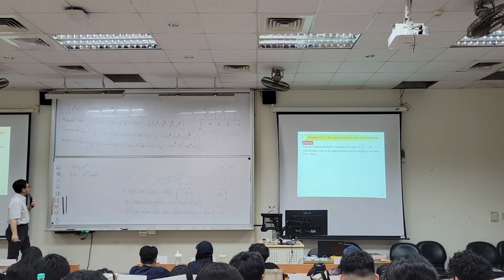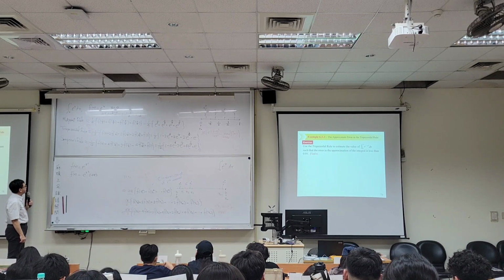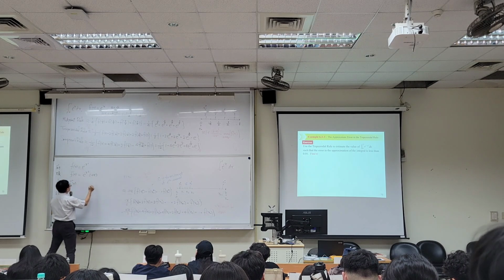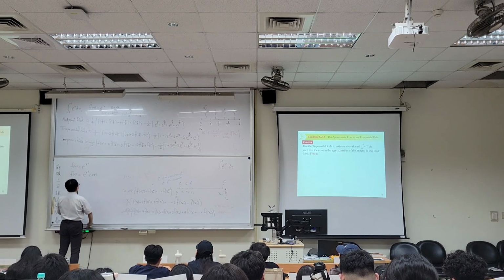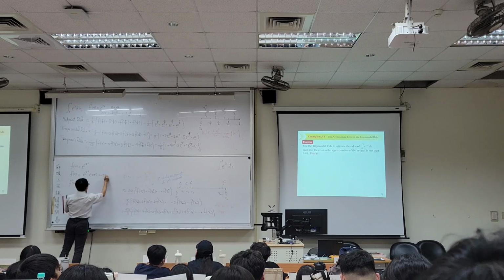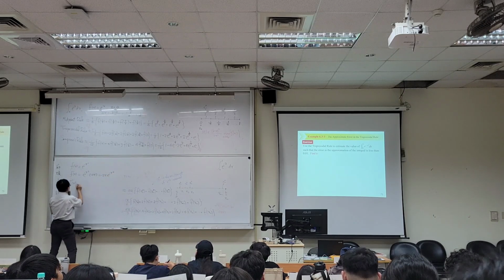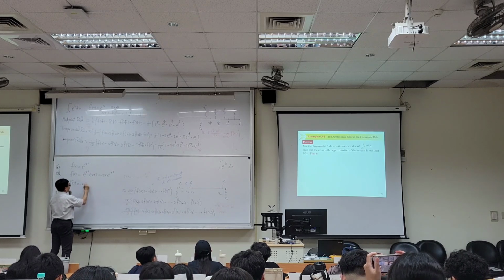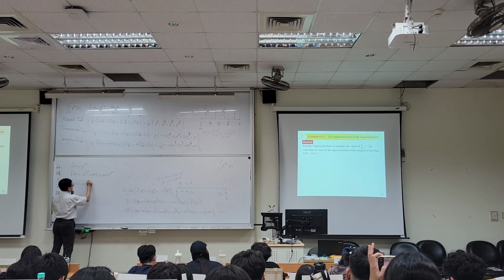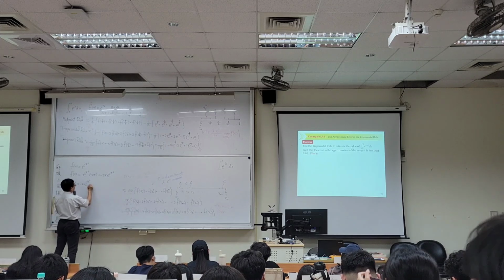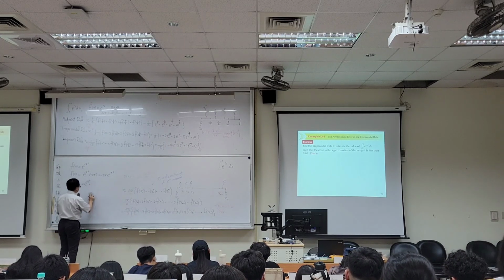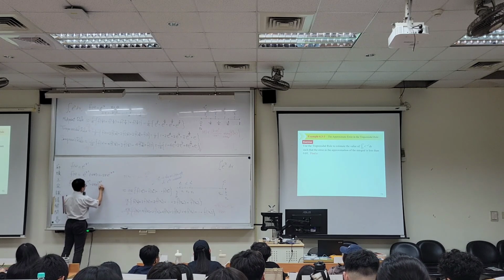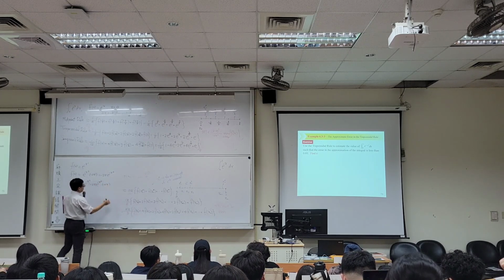And the second derivative will be equal to minus 2 e to the minus x squared plus minus 2x e to the minus x squared multiplied by minus 2x.